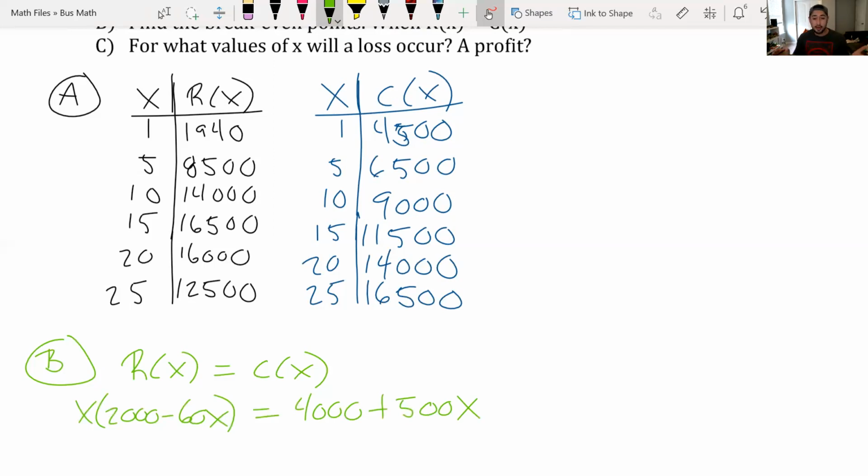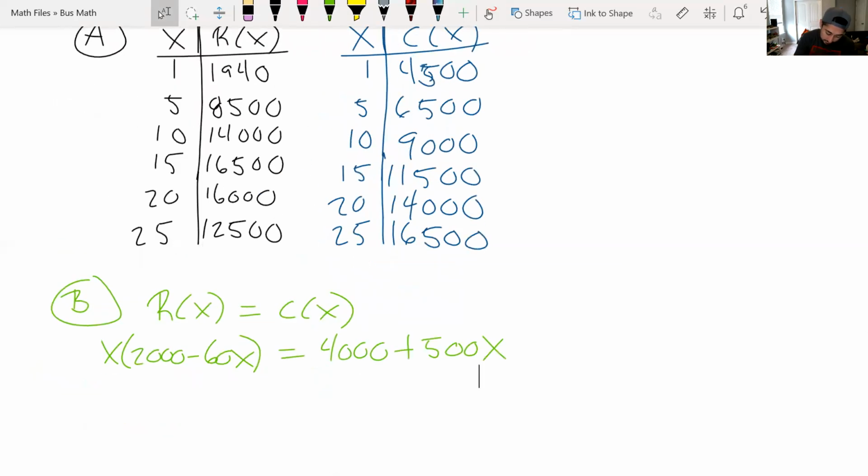What I'm going to do now is distribute the x on the left side and then move everything over to one side to solve for x. So let's do it. This becomes 2,000x minus 60x squared equal to 4,000 plus 500x.